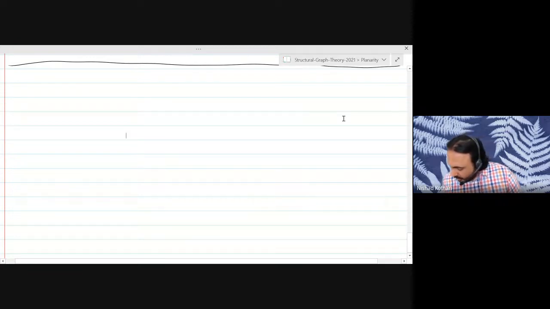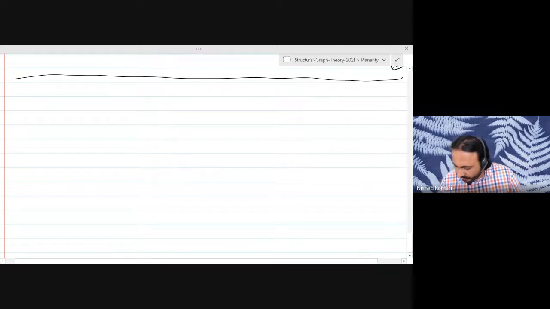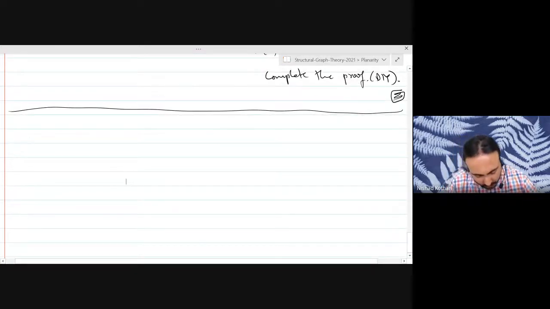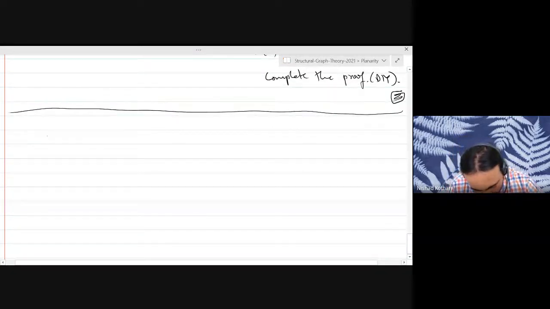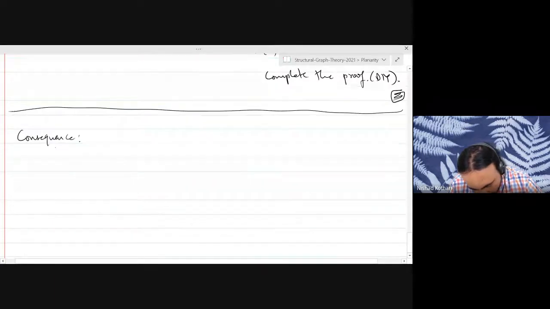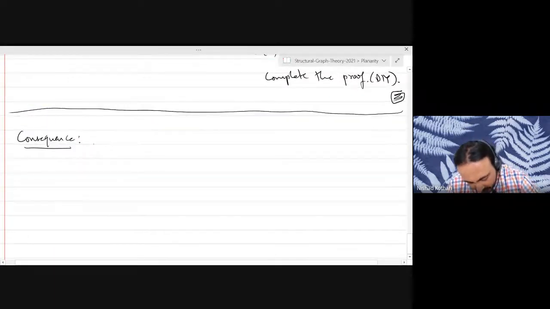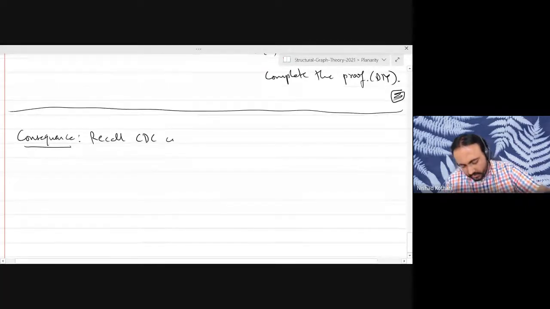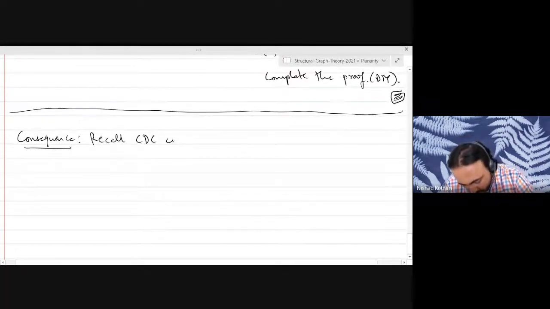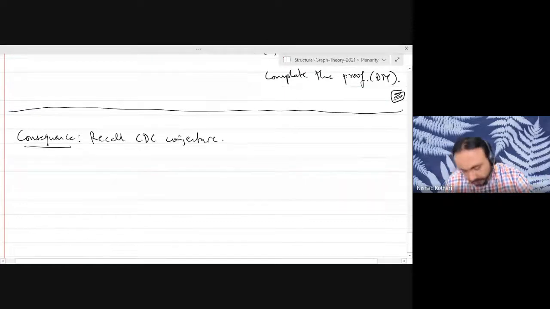All right. But I want to state another consequence. I want you to recall the cycle double cover conjecture. What does it say? Does anybody recall the statement?